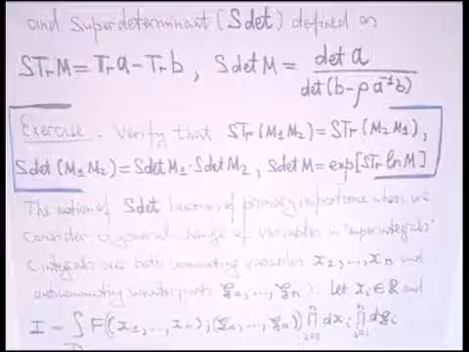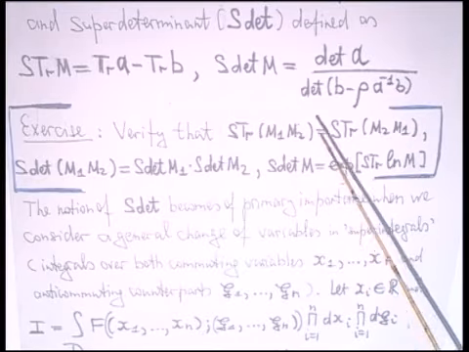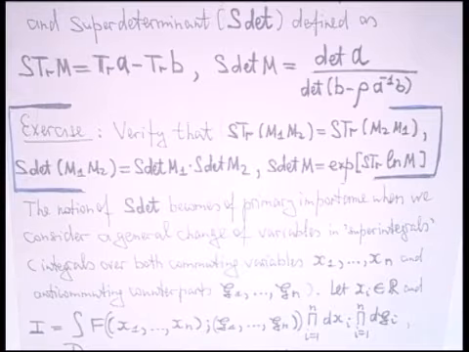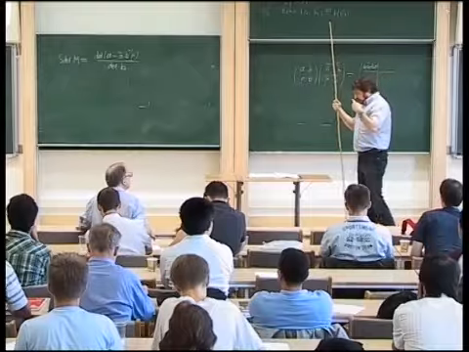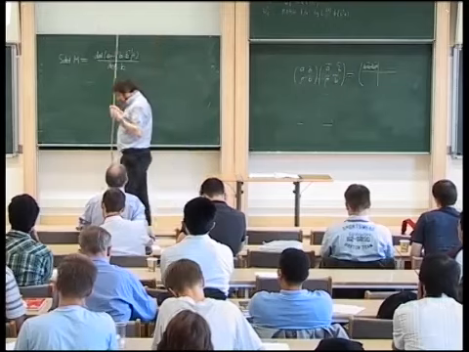And this follows from the property that for usual matrices, the trace of a product of two matrices is independent of the order in which you take these two matrices. Here, you see, we know that even for usual matrices, they do not commute, or they only commute under the sign of trace.